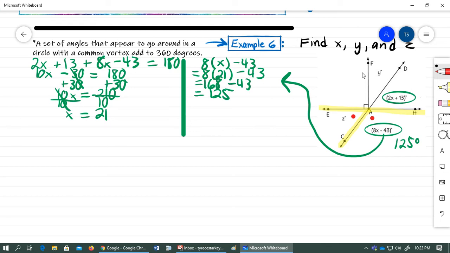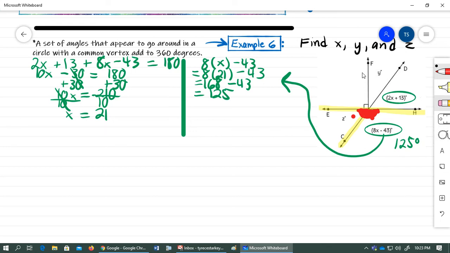So if we know that part of that is 125 degrees already, then all we have to do is figure out the other part, so that both of them add to give us 180 degrees. I'm talking about these two angle measurements right here.